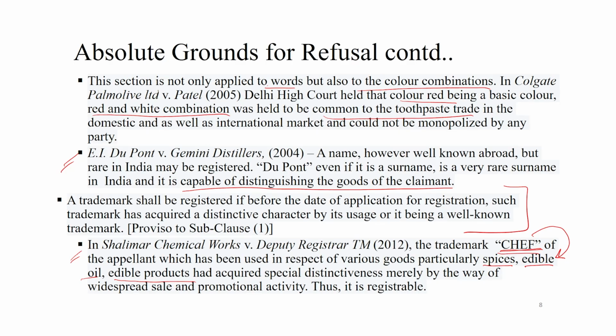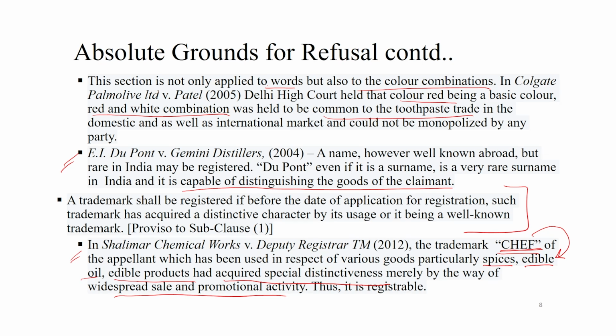The mark which was claimed in registration was chef, and it was claimed for spices, edible oil, edible products, but still in Shalimar Chemical Works versus Deputy Registrar Trademark, this word was allowed registration on the ground that it has acquired special distinctiveness by way of widespread sale and promotional activity.